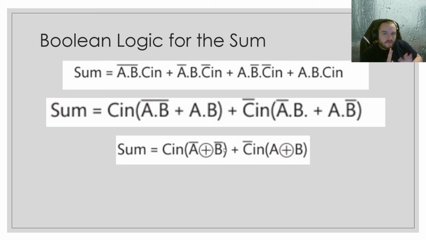You can do that. That's not a problem. And then you've got not A, B and A, not B, which just makes A XOR B. So we should have seen this before in the previous lesson.